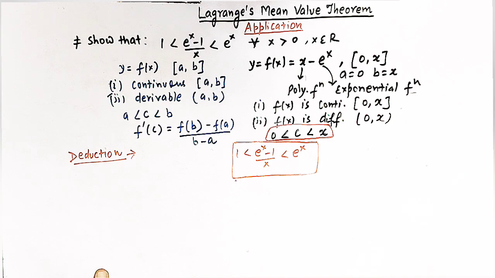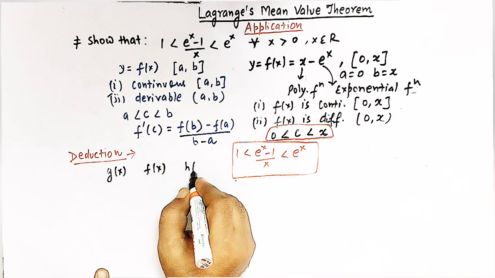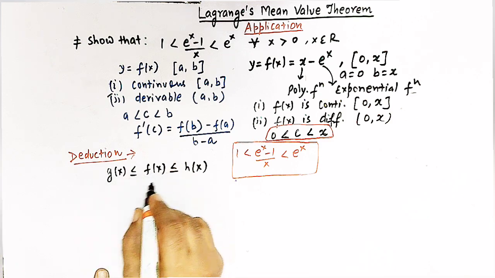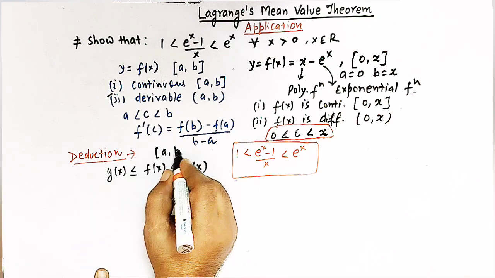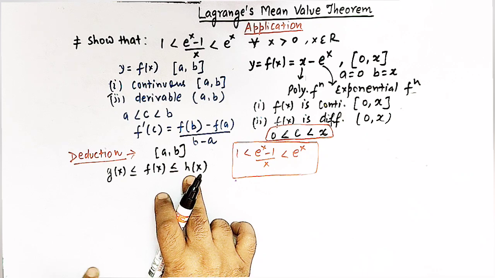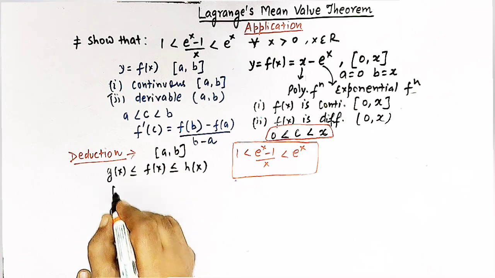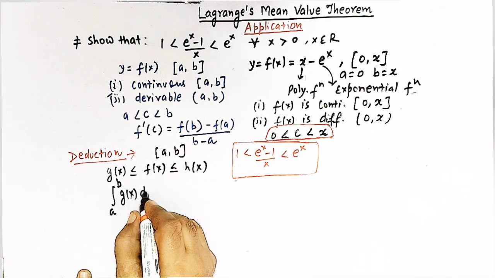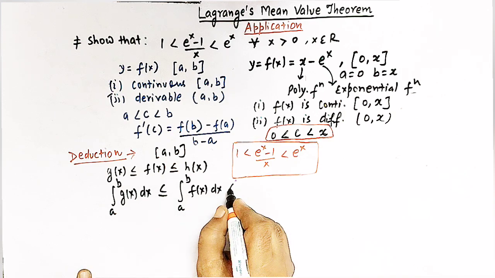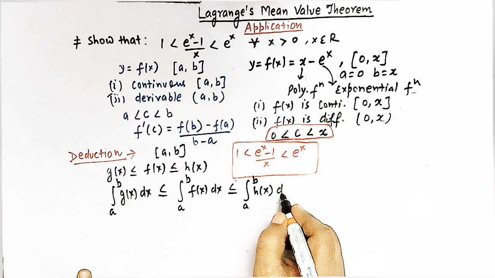Now in definite integrals, we know that if we have three functions, say g of x, f of x, and h of x, and these three functions satisfy this inequality, and they are continuous and differentiable in some interval a comma b, then from the properties of definite integrals, we can write integral a to b g of x dx is less than or equal to the integral a to b f of x dx, and this is further less than or equal to the integral a to b h of x dx, right?